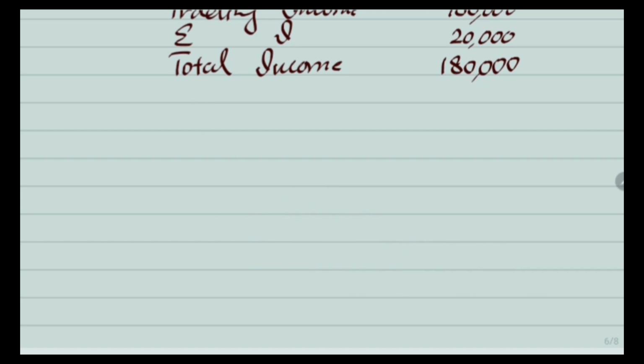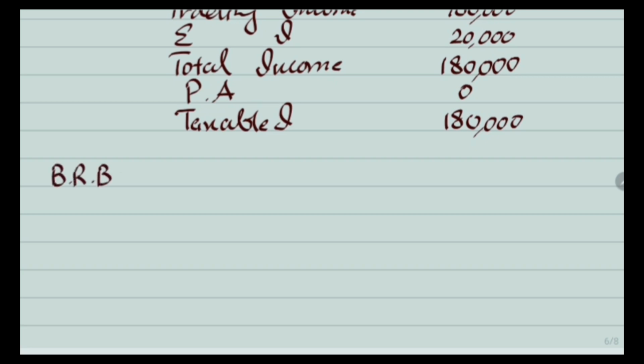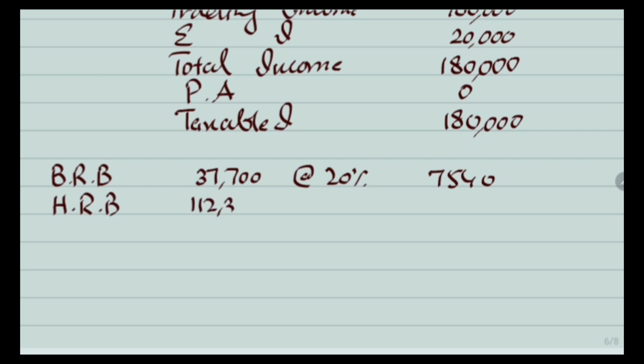Now we need to consider that our personal allowance here is 0, so that is why it is necessary to write 0. So taxable income would be 1,80,000 also. Now we need to apply the different rate bands. In accordance with the basic rate band, income up to 37,700 would be taxed at the rate of 20%, and that would be 7,540. Then the higher rate band, income between 37,700 and 1,50,000, which is 1,12,300, would be taxed at the rate of 40%.